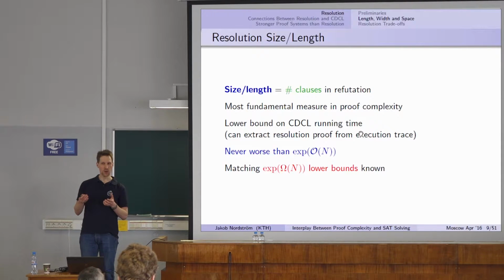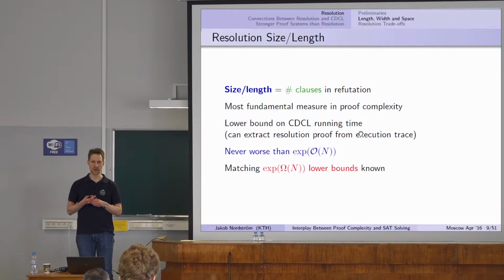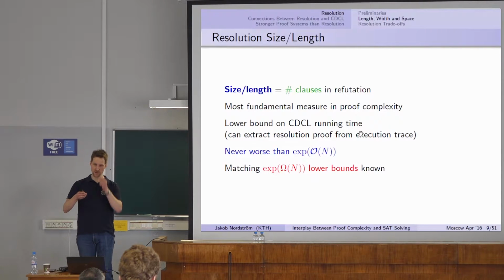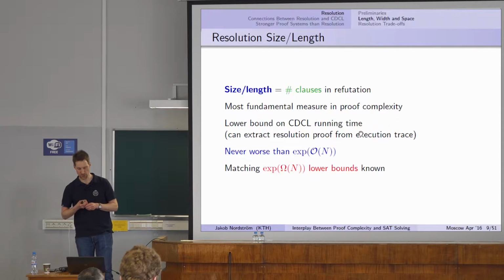It also gives you a lower bound on the running time of these conflict-driven clause learning solvers, because in principle these solvers could spit out a resolution proof as they go along. Not necessarily that they're doing it, but you could hack them to do it. And so it follows that an exponential lower bound on any resolution proof implies an exponential lower bound on the running time.